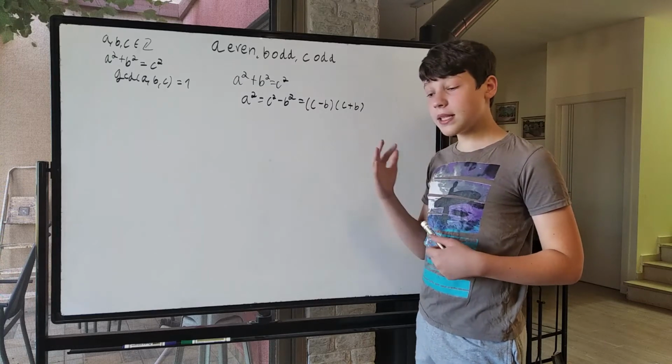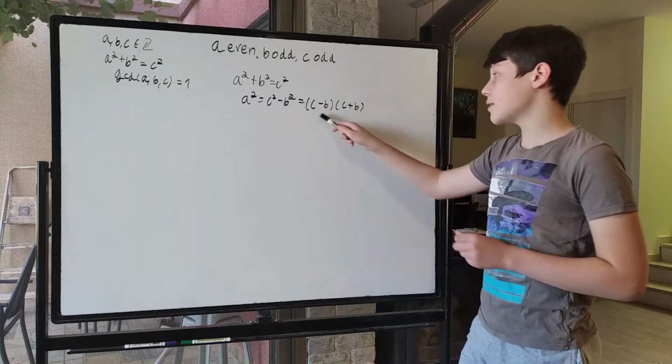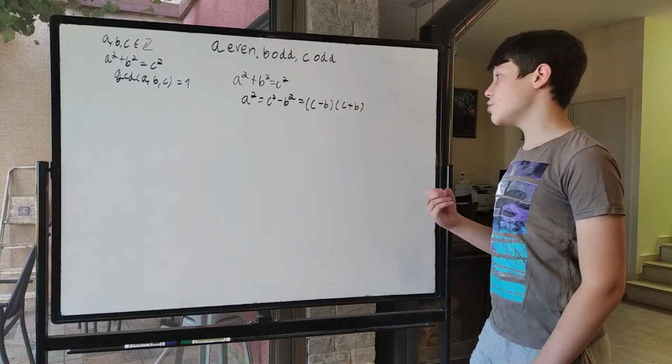And so this is the basic idea behind trying to prove that these two are co-prime, aka their GCD is 1.